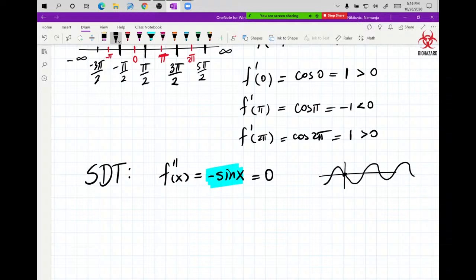Just because it's negative. That negative just flips the function on the x-axis. That's the basic pre-calc 1 rule. You can see that there is a 0, there is pi, there's 2 pi, there's 3 pi. So x equals n pi is where you are going to have all of your inflection points. Remember, when you set the second derivative equal to 0, you get inflection points.